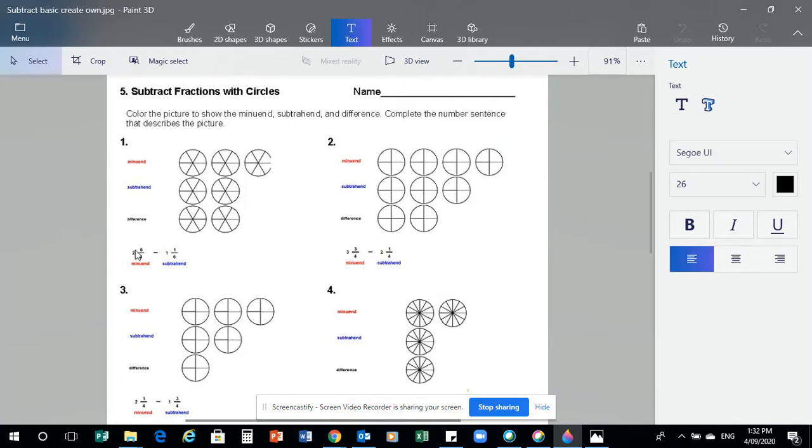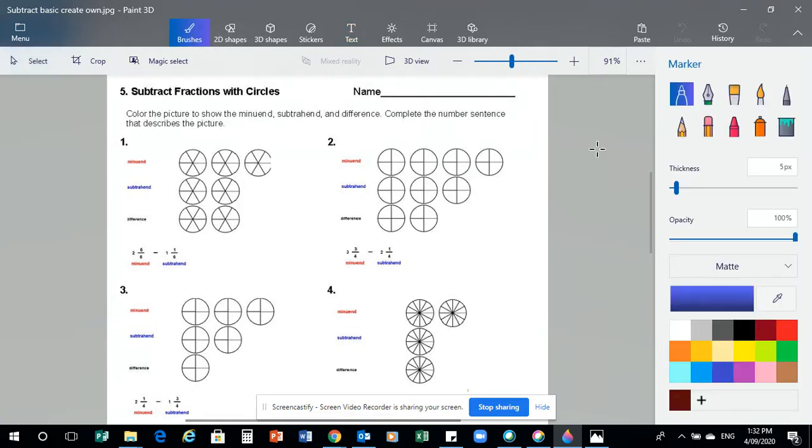Okay. But here we have 2 and 5/6, take away 1 and 1/6. So what you need to do is get the bucket. I need to colour in 2 holes, it tells me to. So I've got 1. All right, so now that is my 1 hole coloured in.